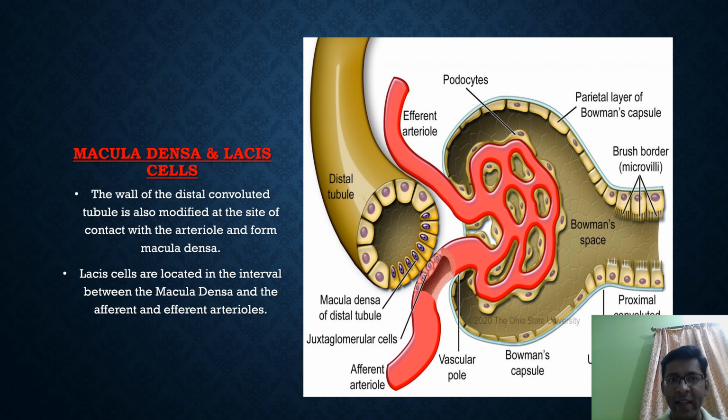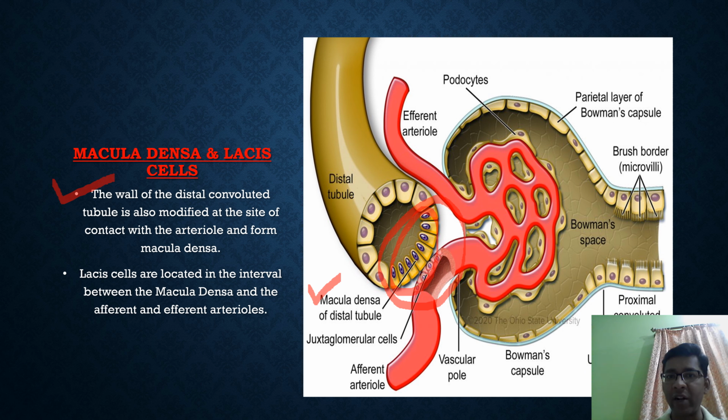Coming to macula densa and lacis cells, let me draw the juxtaglomerular apparatus round circle again. So this is the round circle where the juxtaglomerular apparatus remains. It is the same as the previous picture. So the wall of the distal convoluted tubule is also modified at the site of contact with the arteriole. So these distal convoluted tubule cells also get modified, and these cells form the macula densa of the distal tubule.